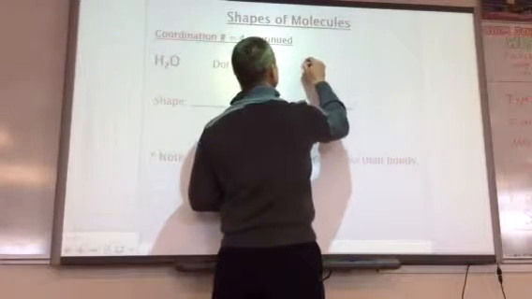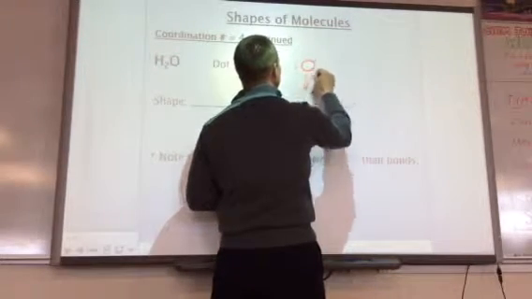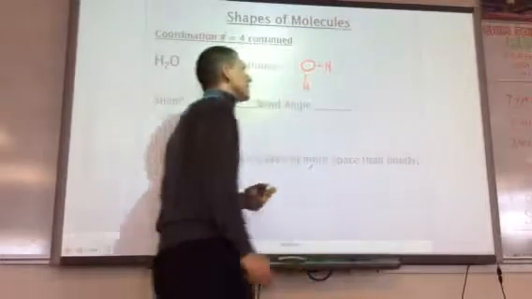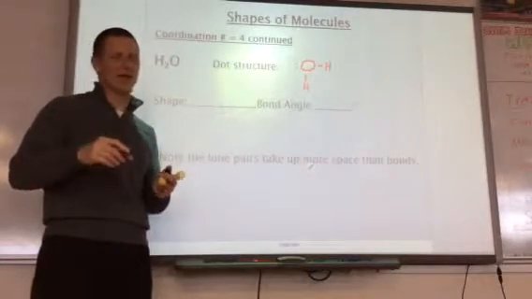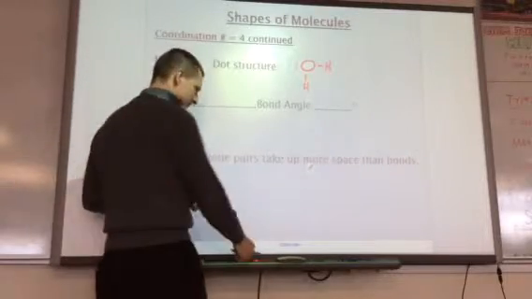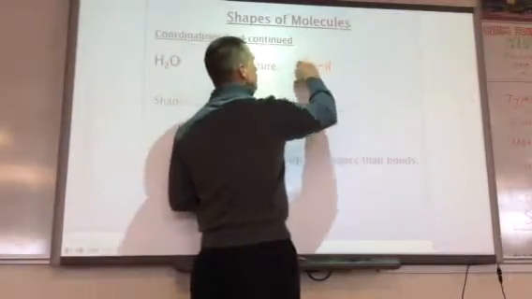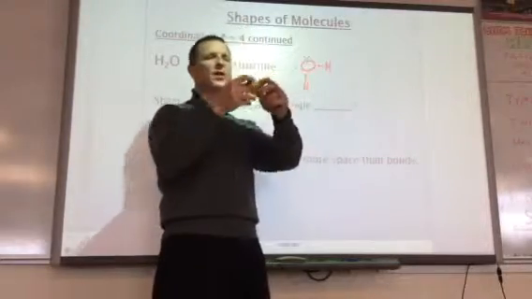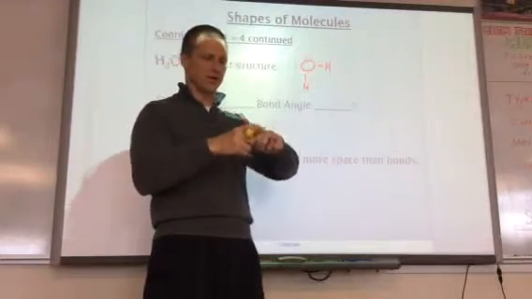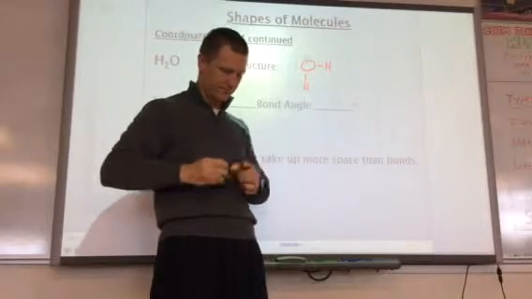So water is arranged like this. The dot structure shows the H's at a 90-degree angle. They are not in reality. The oxygen has 2 lone pairs on it. So there's one of the lone pairs, and then I got to pull another hydrogen off.